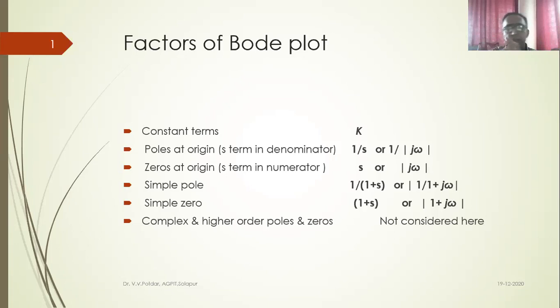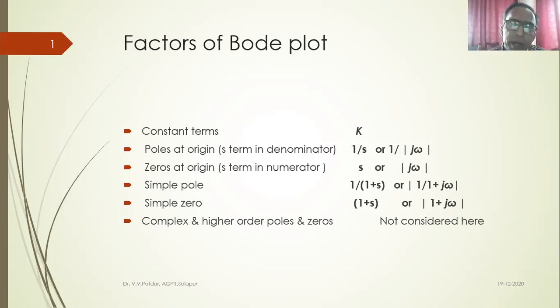Continuing with that discussion, in the last class we also talked about Bode plot. Bode plot includes two graphs. One graph was the magnitude plot, magnitude versus frequency plot, and the second plot was phase angle versus angular frequency plot, or magnitude versus log of omega, and the second plot was phase angle phi versus log of omega.